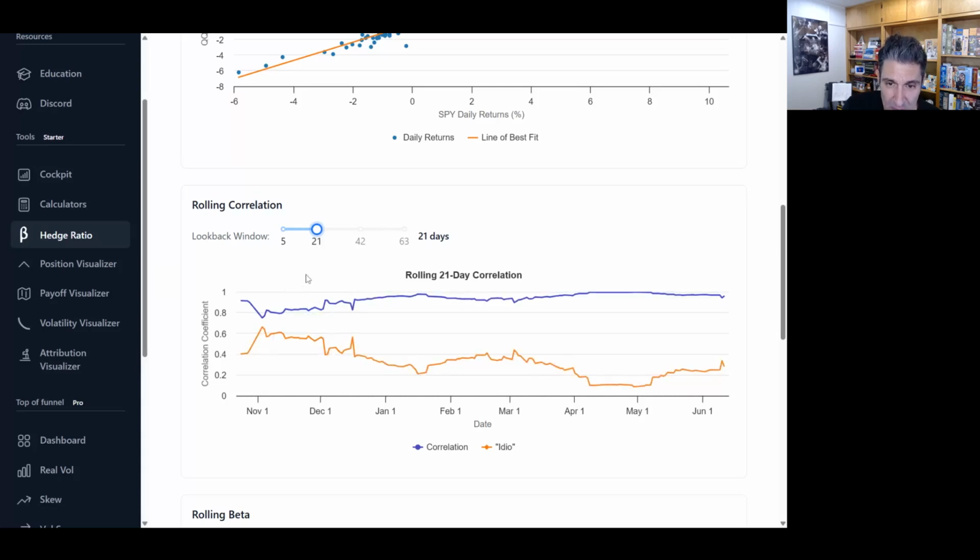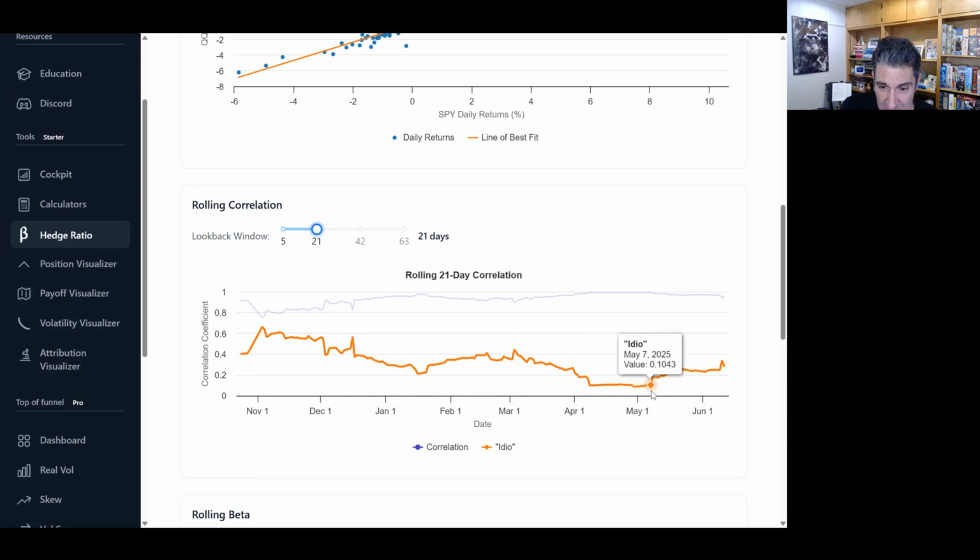So when you see these correlation numbers, you should realize that once a correlation drops below 85, about 50% of the risk of your spread trade is not mitigated by your hedge. So when correlations get low, you're really not that hedged. And you can see here the risk remaining on these spreads.